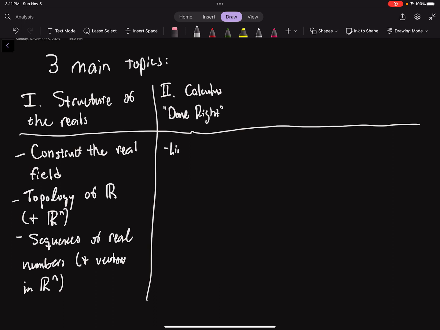So we'll look at limits and continuity. We'll look at differentiability. We'll look at at least Riemann integrability. We'll look at sequences and series of functions.